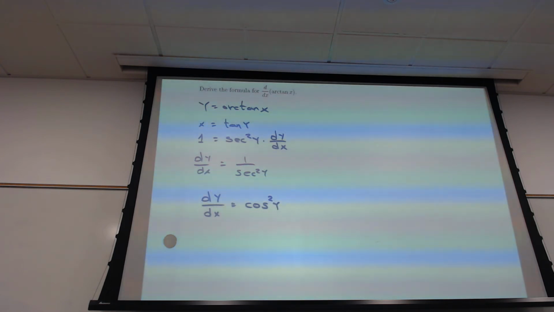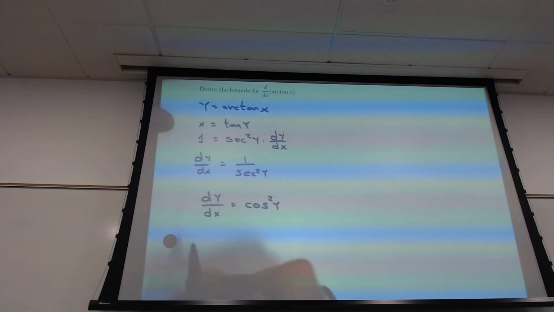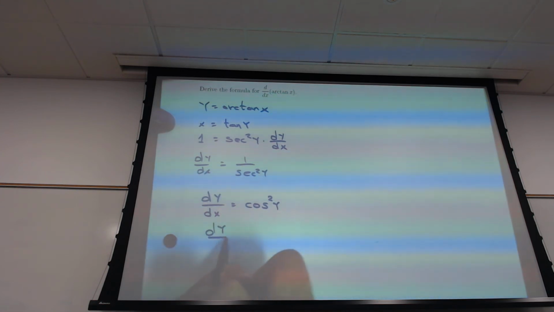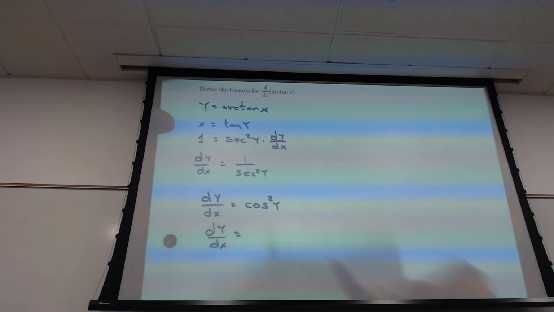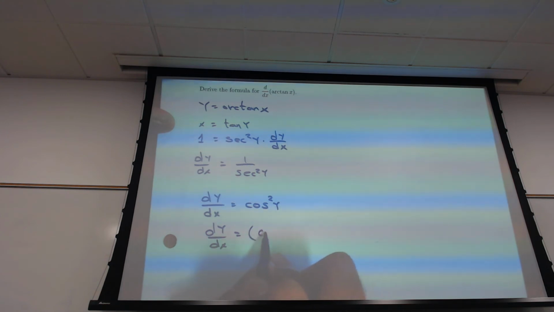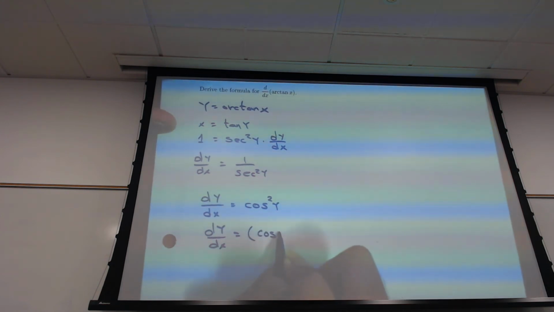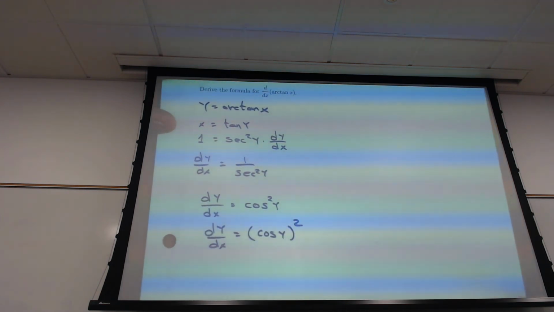So what about this one? Okay, number 1. Let me write this in parentheses. I know there's really nothing big in here, but it's going to be very useful.